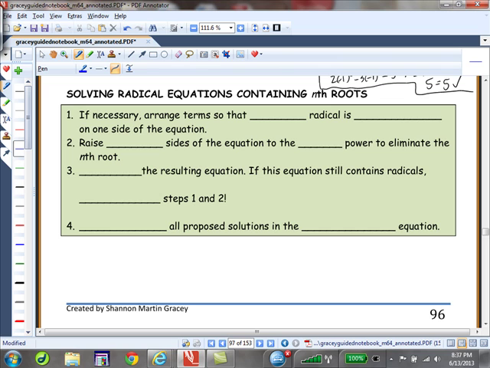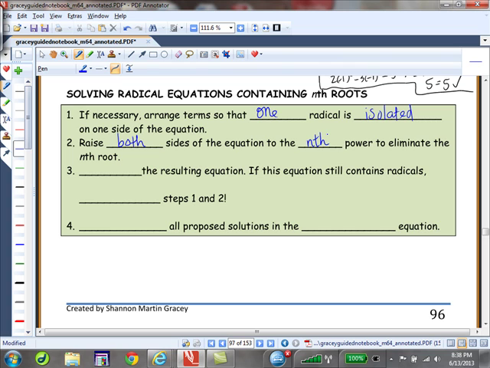Solving radical equations containing nth roots. So here we go. If necessary, arrange terms so that one radical is isolated on one side of the equation. Raise both sides of the equation to the nth power.